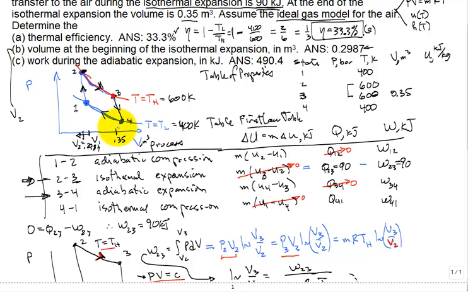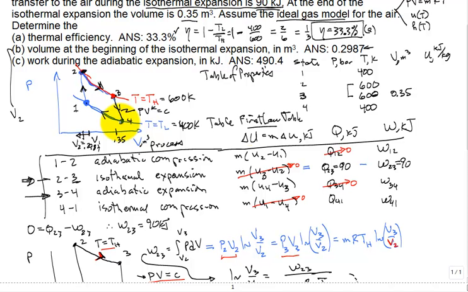In the next chapter, we'll actually come up with an algebraic expression explaining the relationship between P and V along this path. It'll be like P V to the K is equal to a constant, but we're not there yet. So you can't analytically calculate that work by the integral of P dV.